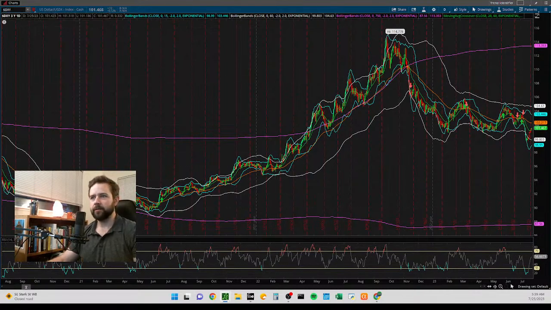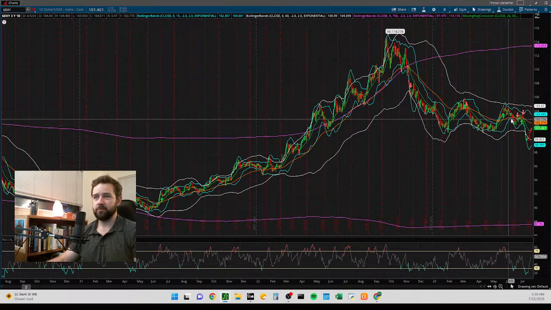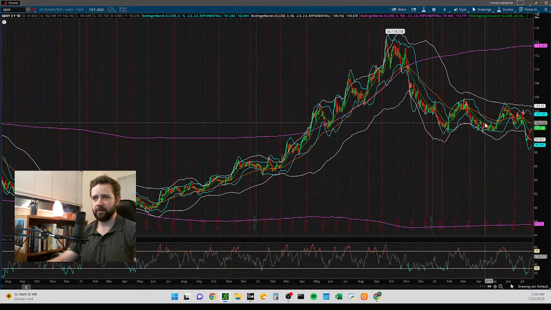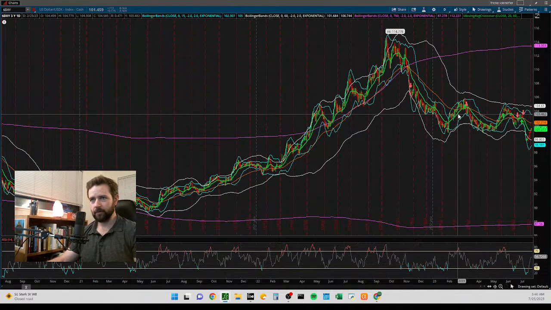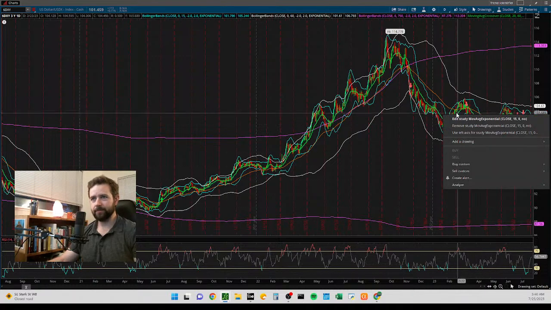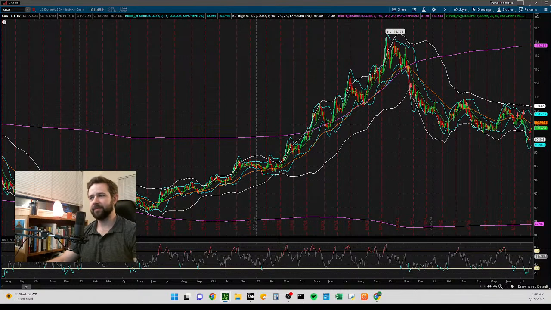All right, so we got the dollar index. That's a bearish trend. I'm looking at this orange line and this green line. That would be the 15-day exponential moving average and the 60-day.